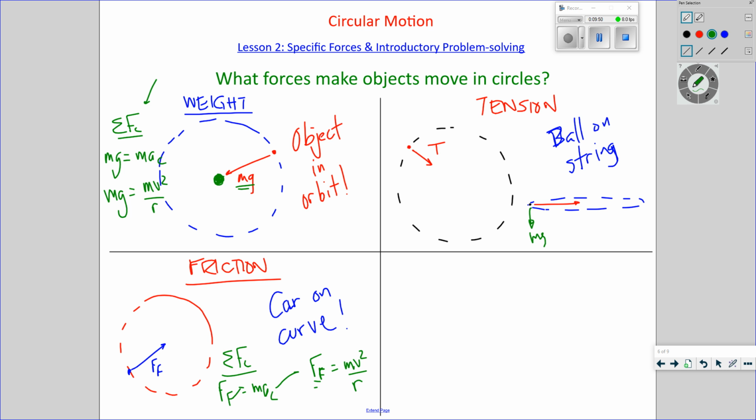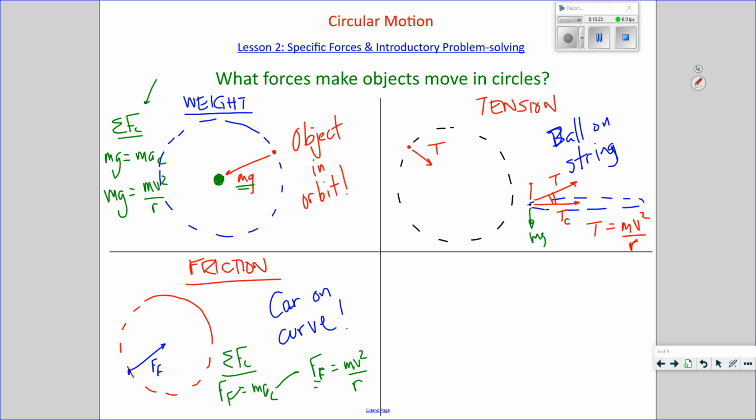So the whole tension would have to point upward a little bit. In a lot of cases, we usually say this angle is really small, and thus this tension and this centripetal component of tension are just about the same thing. So in lots of cases here, we would say T is m a_c.